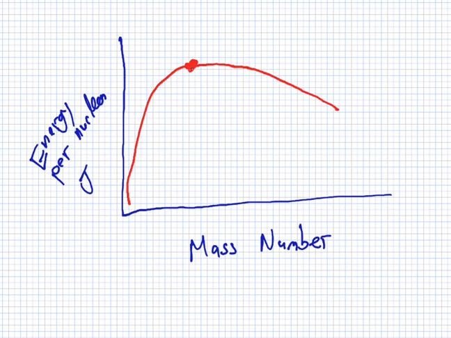And right here, no, because you always need some energy to bind. Like I think the smallest one is hydrogen 2, 1 hydrogen and 1 neutron. So this I think is the smallest one. This here is iron. What number is iron? I think the mass number for iron is about 60.